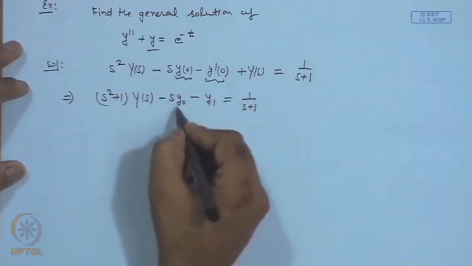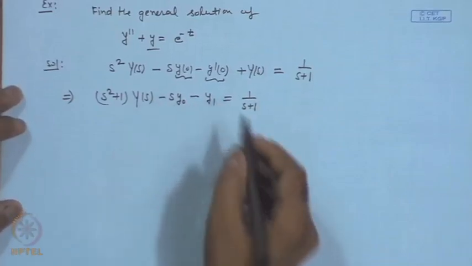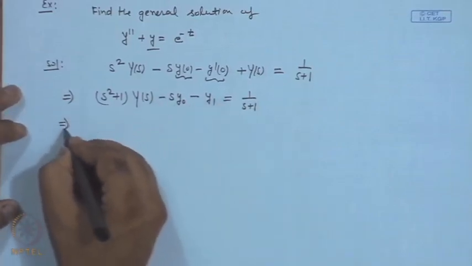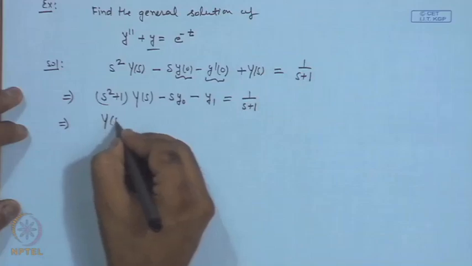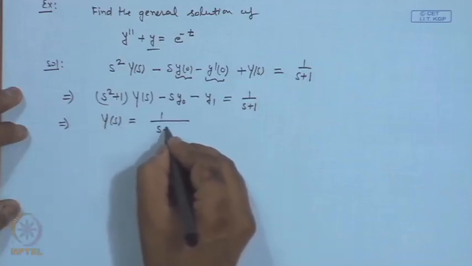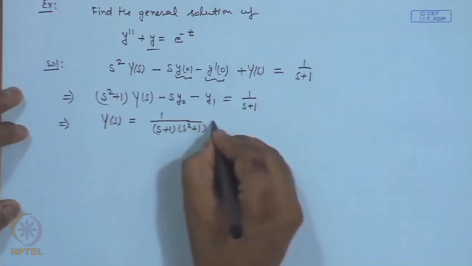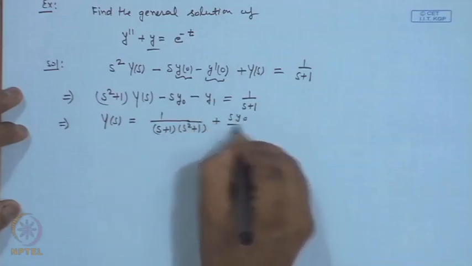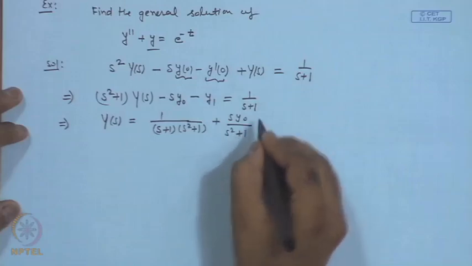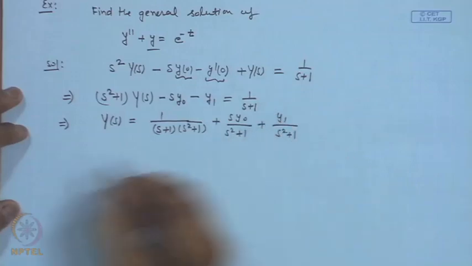Instead of giving these some numerical value, we will continue the calculations with y 0 and y 1. This is the only difference, and we have then Y(s) equal to 1 over (s plus 1)(s squared plus 1), plus s y 0 over s squared plus 1, plus y 1 over s squared plus 1.